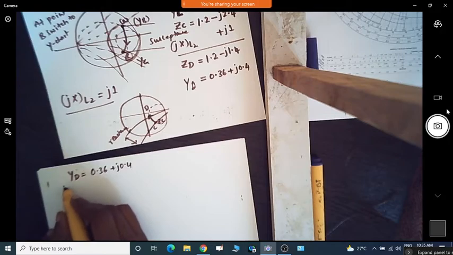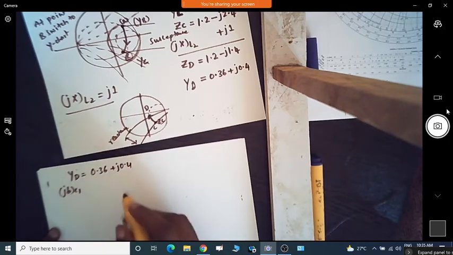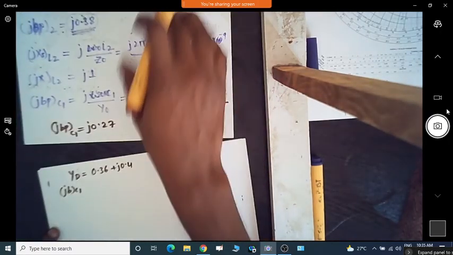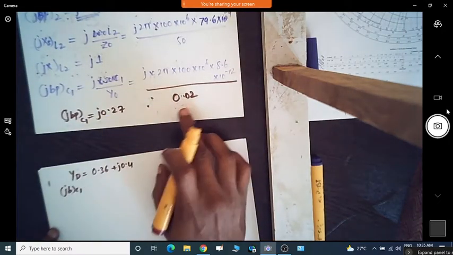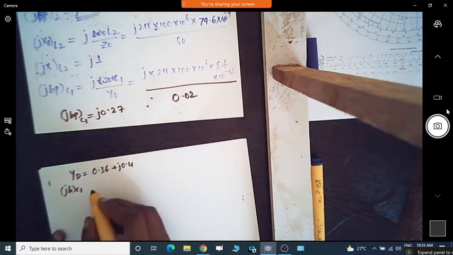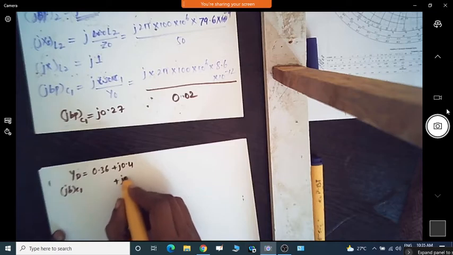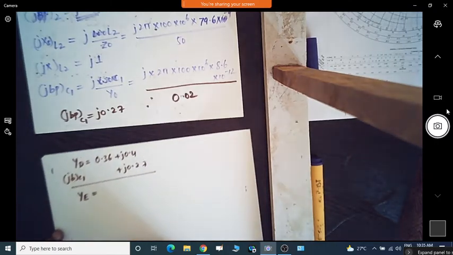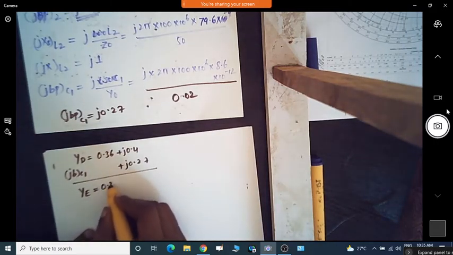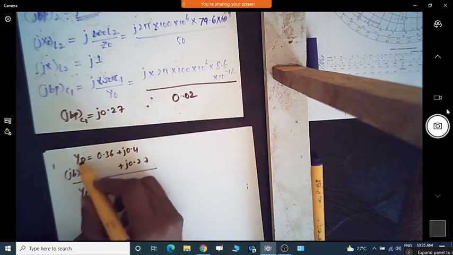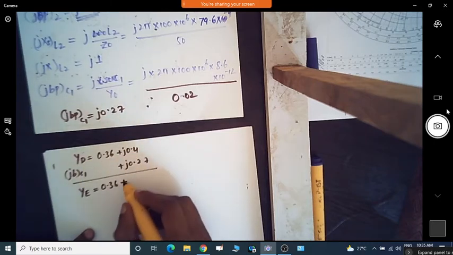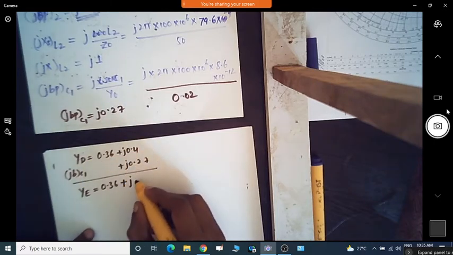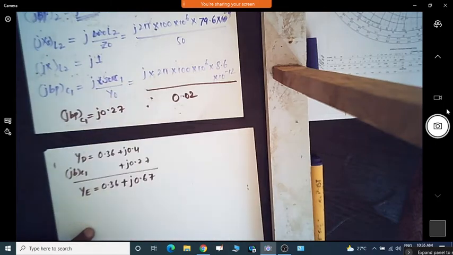Now we can add the susceptance of C1. The susceptance of C1 obtained is 0.27. Adding 0.27 to this, we get the point E. We are adding the susceptance to the admittance value 0.36 plus j0.4, which gives 0.36 plus j0.67.